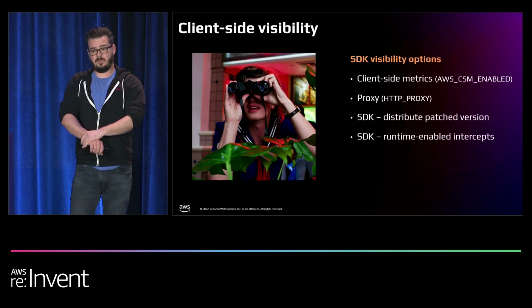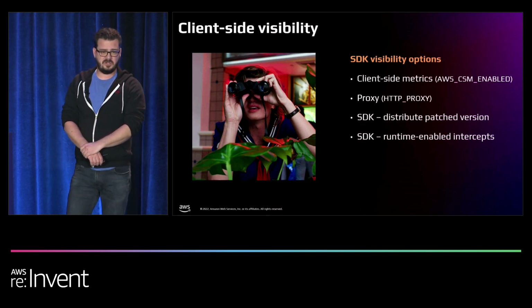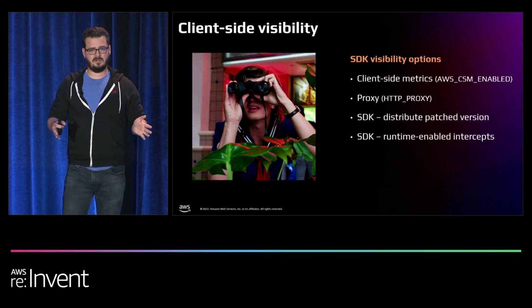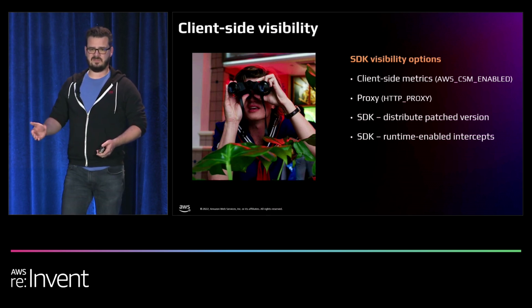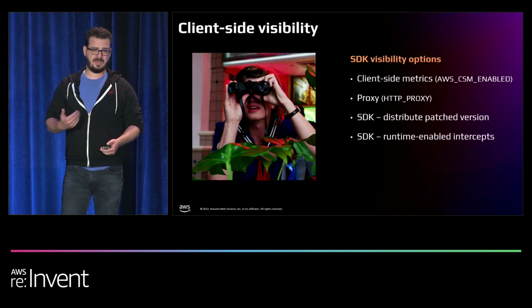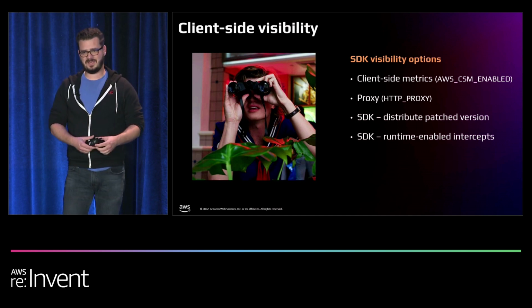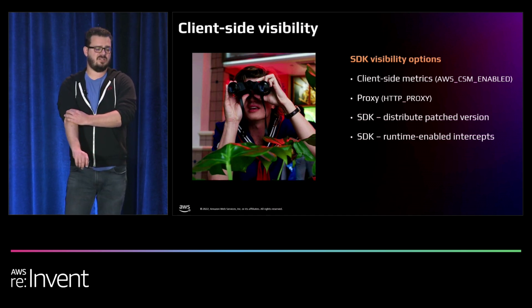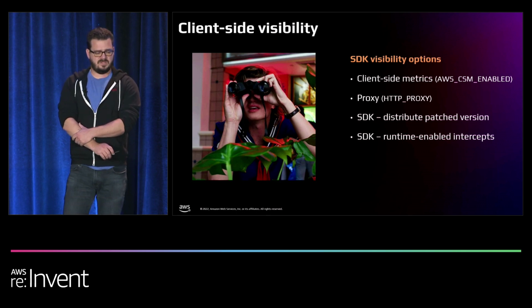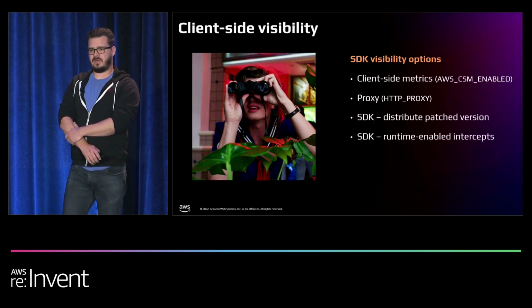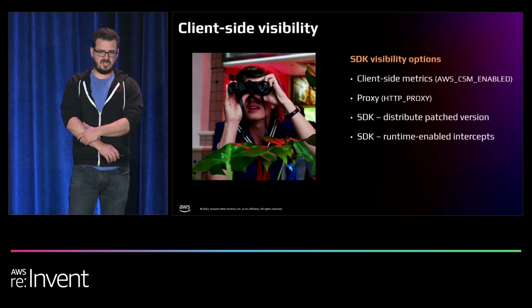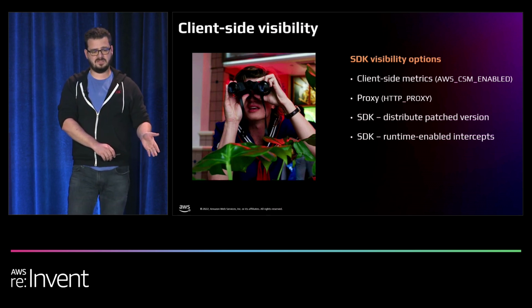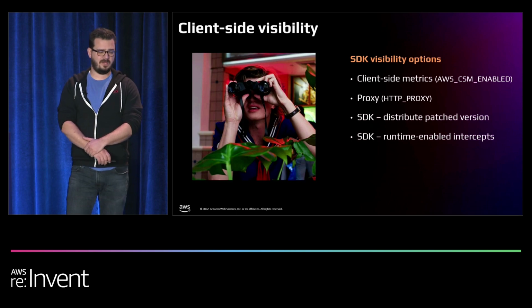Downside to that was that we effectively would put the security team in the release loop of the SDKs, potentially delaying teams' ability to pull versions until we get to the new version of the SDKs and put our instrumentation into those. The final one was runtime-enabled intercepts. So rather than modifying the SDK at installation time or distribution, modifying and injecting and intercepting SDK calls at the time that they were made by the app.